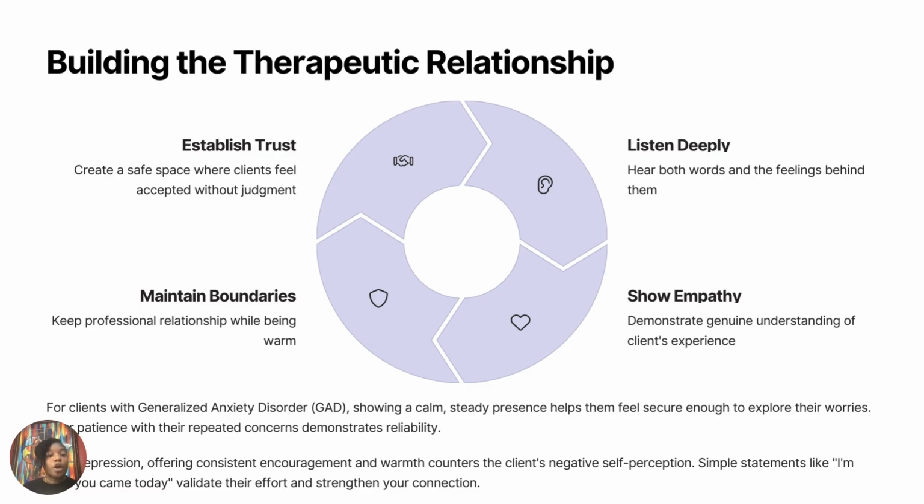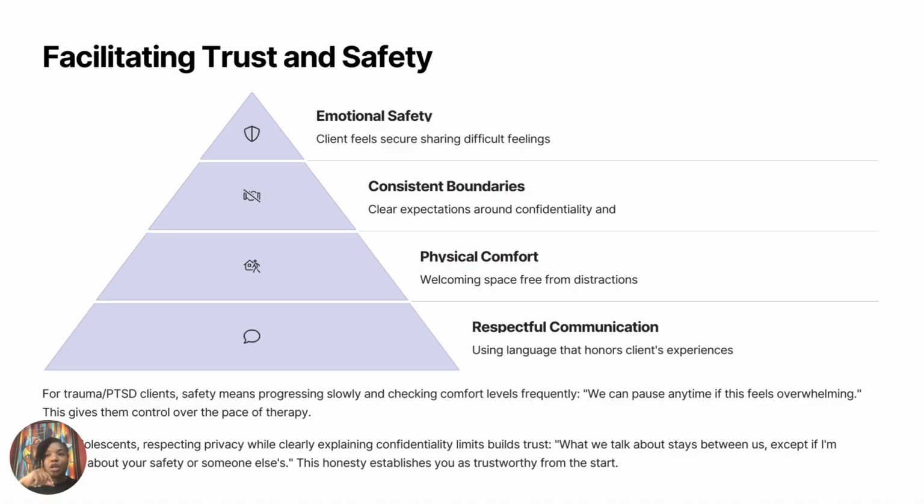Versus someone who has depression, you want to offer consistent encouragement and warmth to help the client combat their negative self perception. So when you use simple statements like, I'm glad you came today, or you validate their effort, that helps strengthen the connection from the very start.